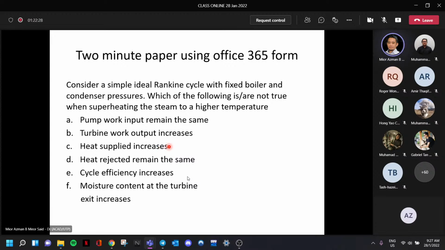Heat supply increases with T3. Obviously, when you increase T3, the heat in will increase. Heat rejected remains the same. Yes, heat rejected remains the same. Cycle efficiency increases. Yes, it will increase. Moisture content at the turbine exit increases.